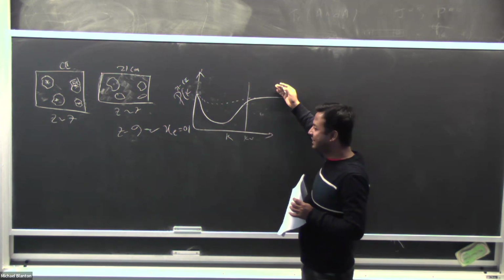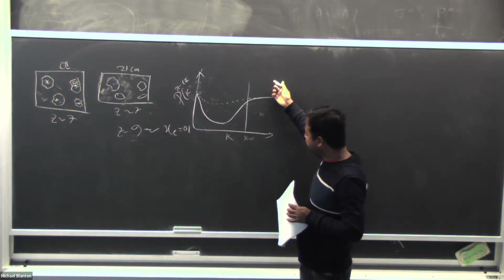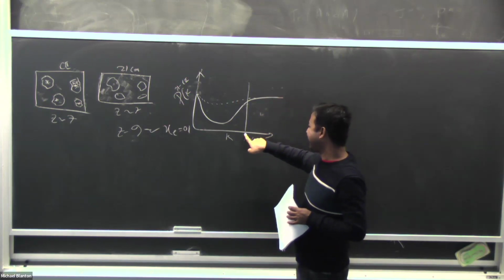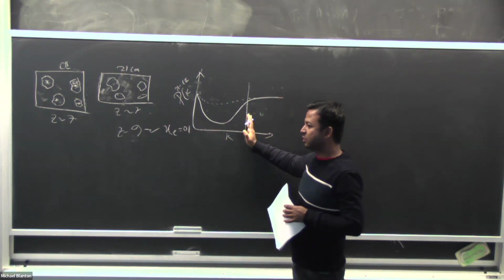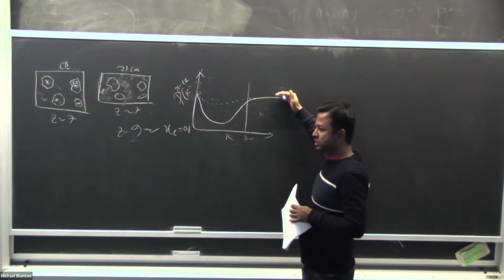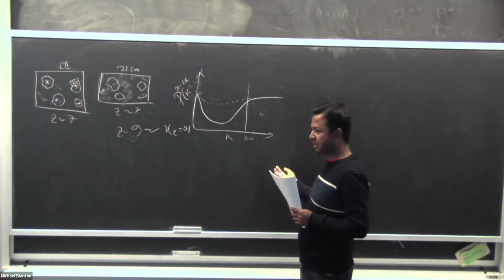But we did not include those effects. The reason is that SKA-like experiments will probe K scales only till K equal to 1. These effects will probably dominate the shot noise term, which is beyond K equal to 1. So that's why we did not take this into account.